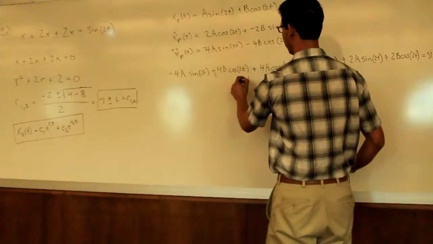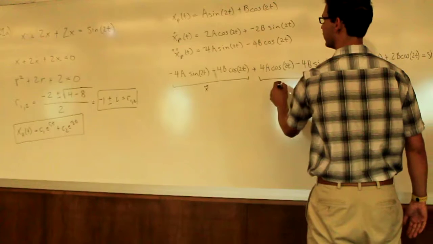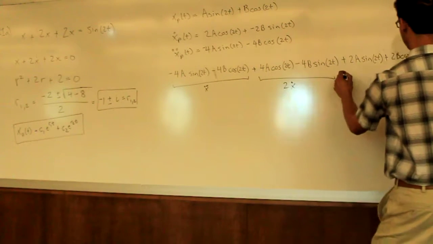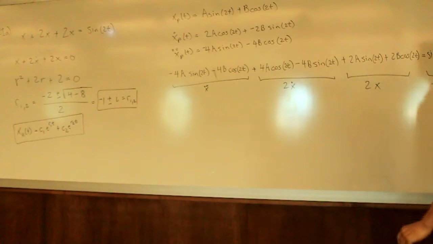So this is x double dot, this is 2 times x dot, this is just 2 times x, and this is our forcing function f.